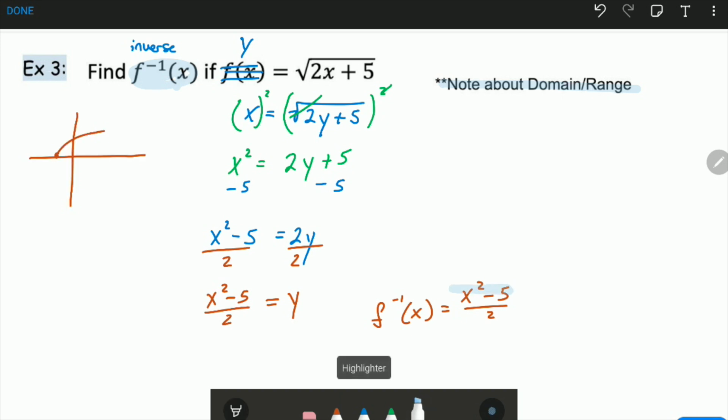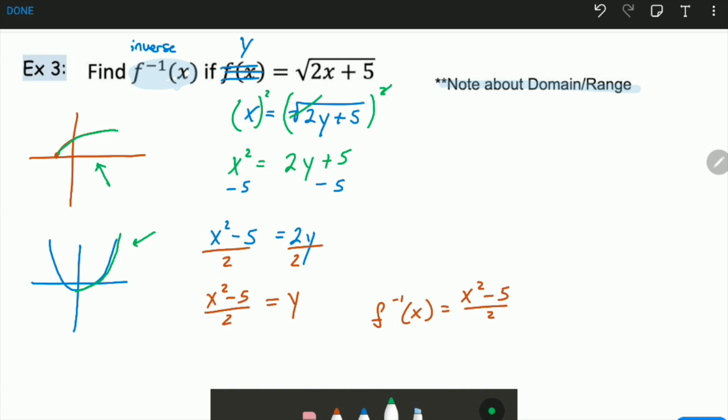This function that we have for the inverse currently, it'll probably be something like this. You notice that the shape is not exactly the same. While they both have the same U shape, the quadratic doesn't have both pieces of the U shape.